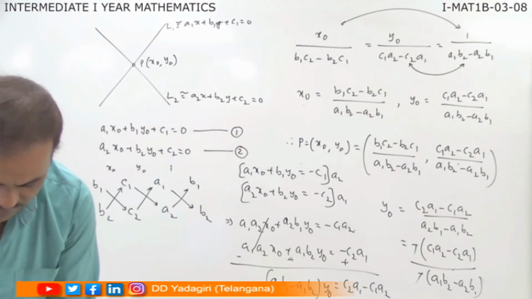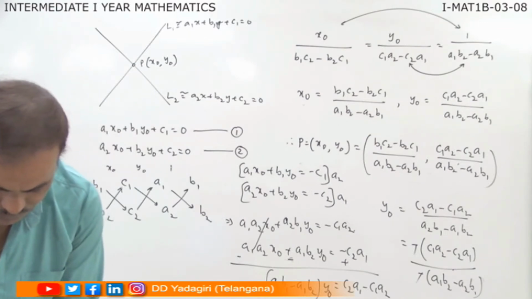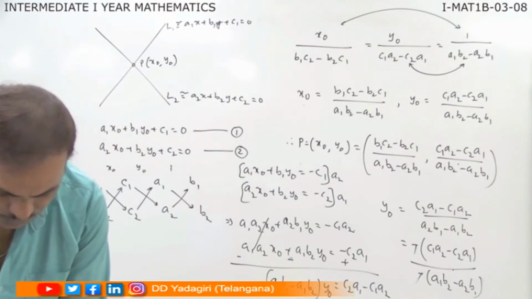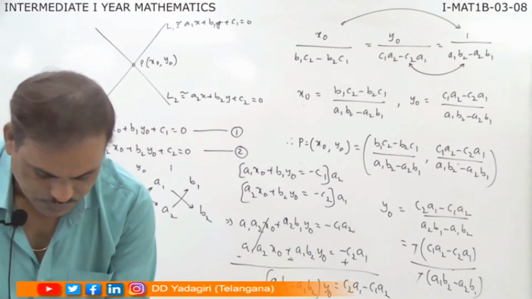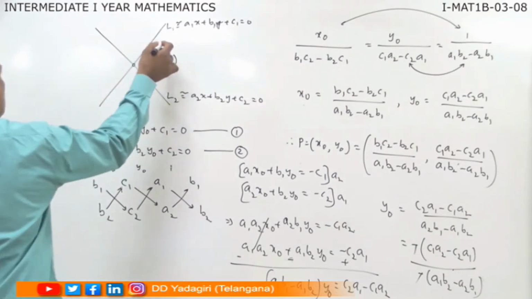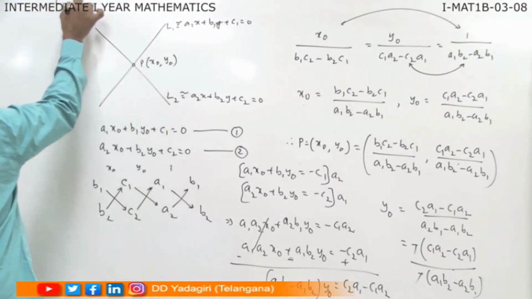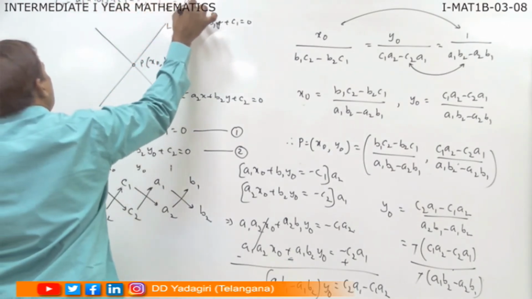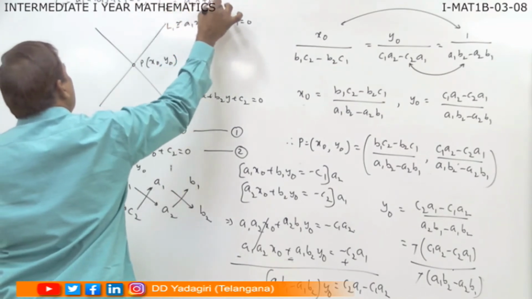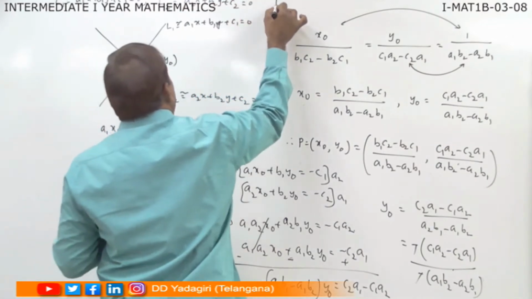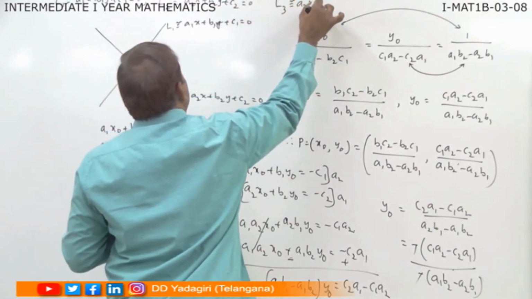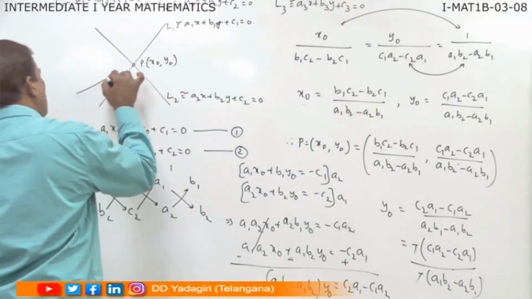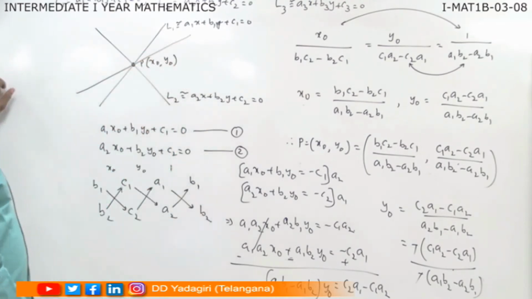Concurrent lines. Now here they have given us straight lines. L1 is a1x plus b1y plus c1 is equal to 0. L2 is a2x plus b2y plus c2 is equal to 0. We have taken another line. L3 is a3x plus b3y plus c3 is equal to 0. If these three straight lines pass through the same point, we call them concurrent lines.